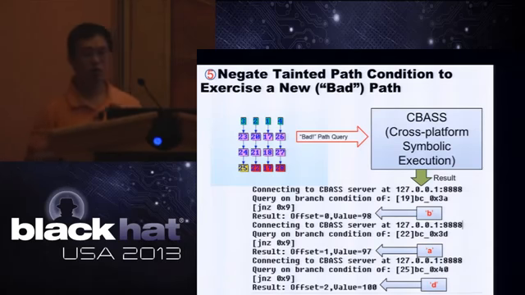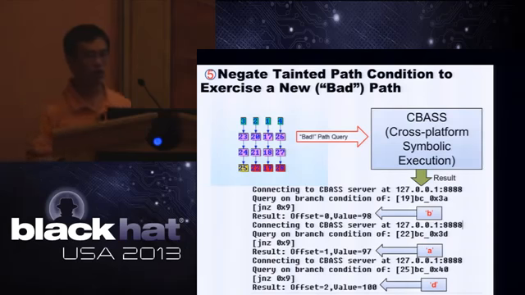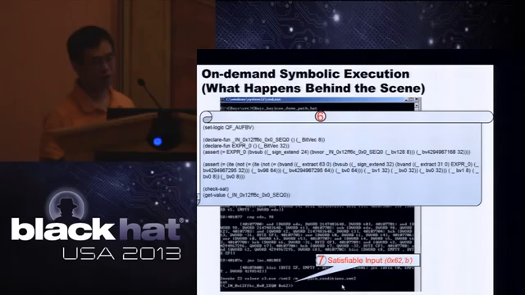CBASS will generate the constraints, describing mathematically the branch condition outputs in terms of the input variables using the process I just described, and get the results back to the TREE module. Here it shows the first 3 branch conditions with the communication between TREE and CBASS. So basically we've already figured out the bad path, then the fourth will follow.